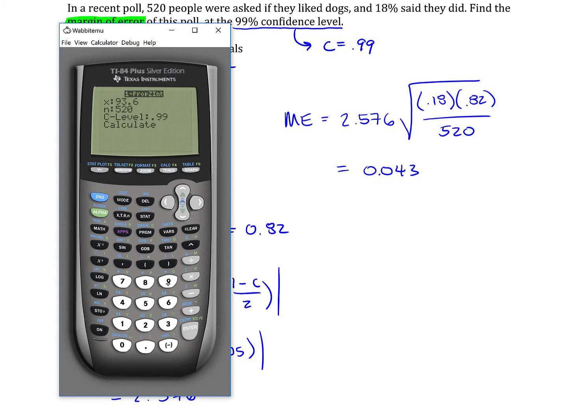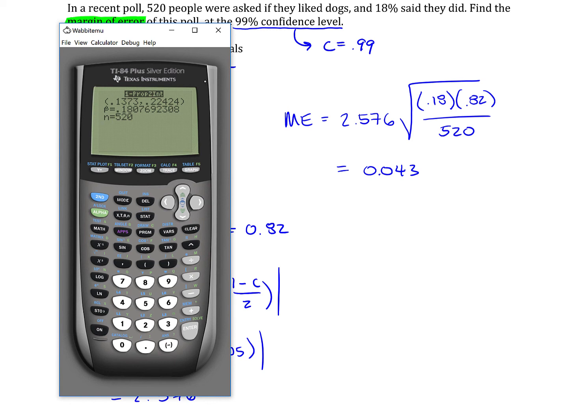And you do need to round this because the calculator doesn't care much for non-integer values in that situation. And level of confidence, 0.99, calculate. So that gives the endpoints of the confidence interval.